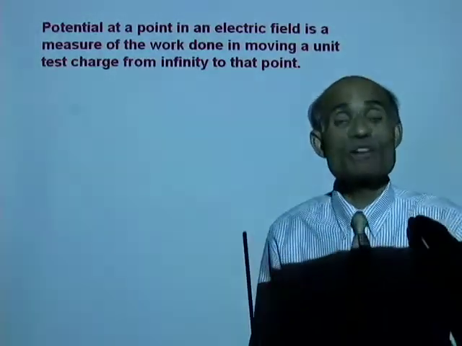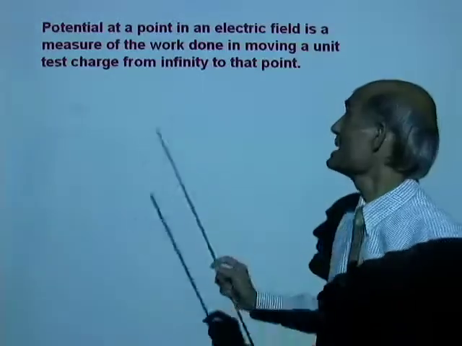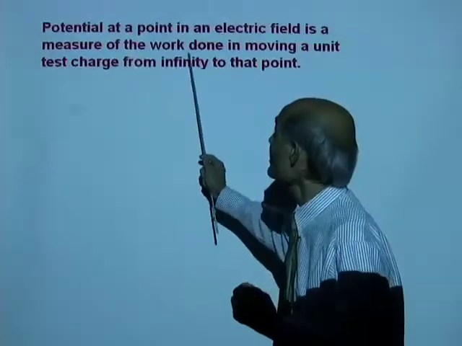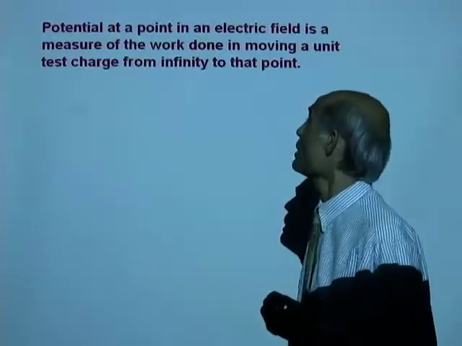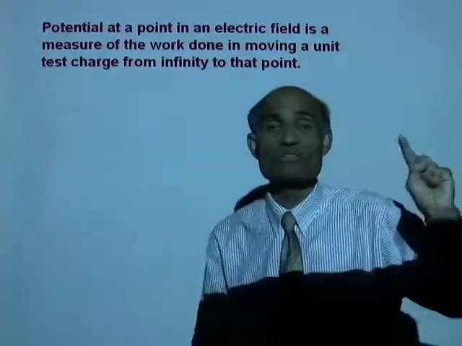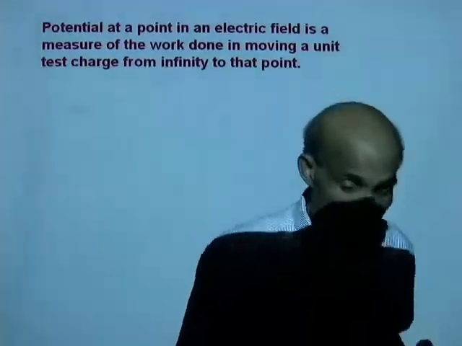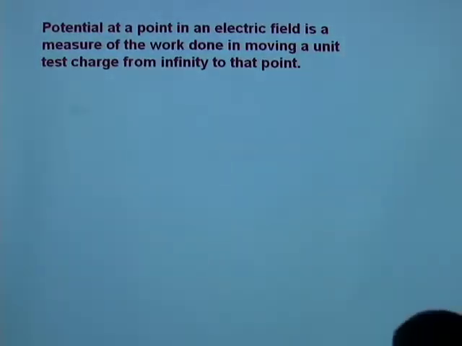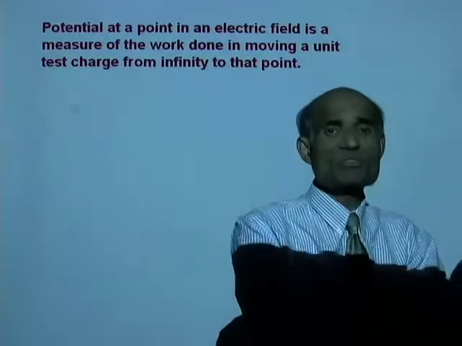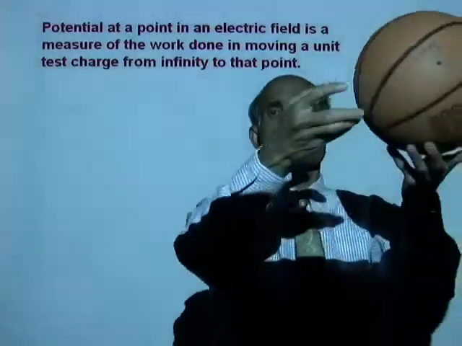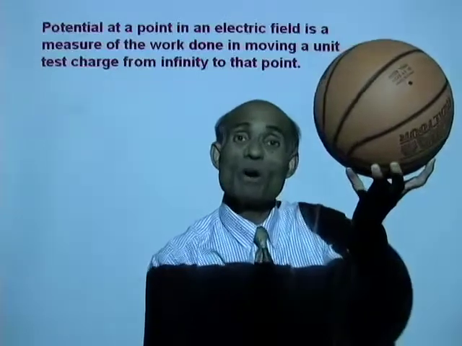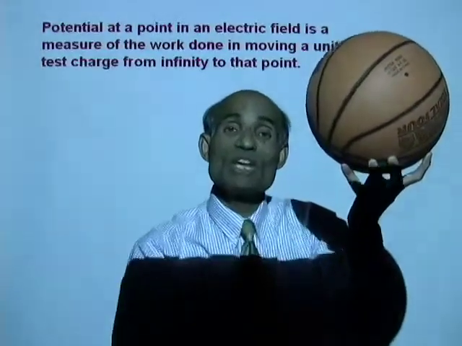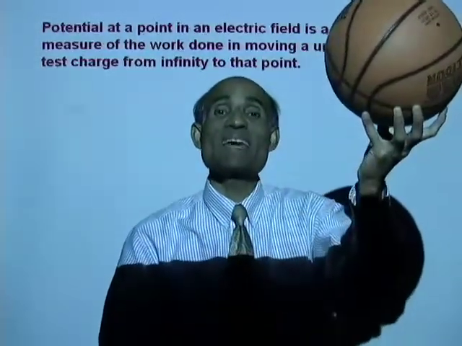Potential at a point in an electric field is a measure of the work done in moving a unit test charge from infinity to that point. It is the same as saying in a gravitational field, the gravitational potential at this point is a measure of the work done per unit mass in lifting it through height h.